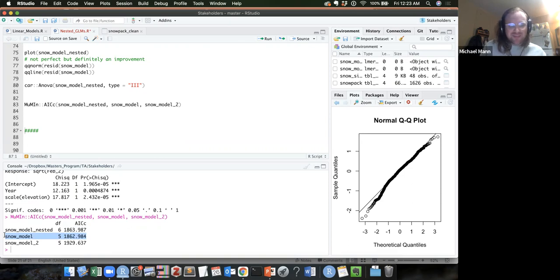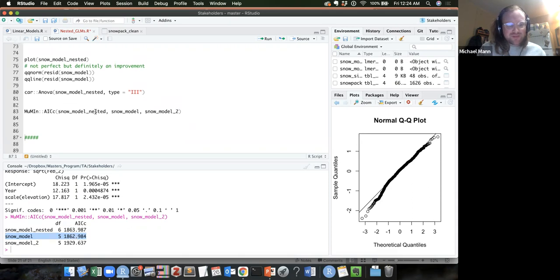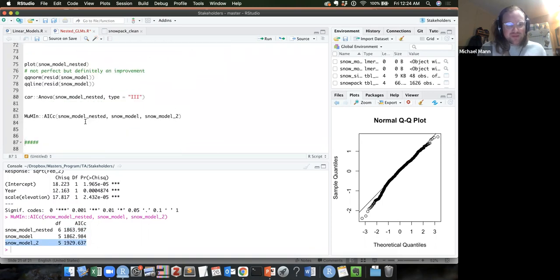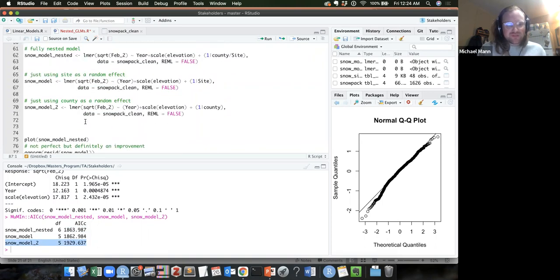And this seems reasonable because you can see the model of just a county does fairly poorly overall. Doesn't seem to explain much at all relative to the other two models. But you can see that added nestedness didn't seem to actually improve it much at all. So if you were doing model selection, you would choose a simpler model and wouldn't estimate much with site.